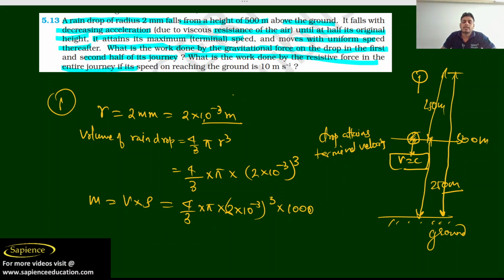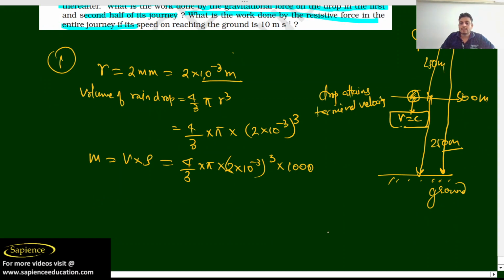So what will be the mass of the raindrop? If you calculate, you will get 3.35 into 10 power minus 5 kg.